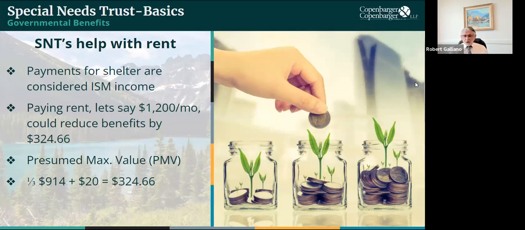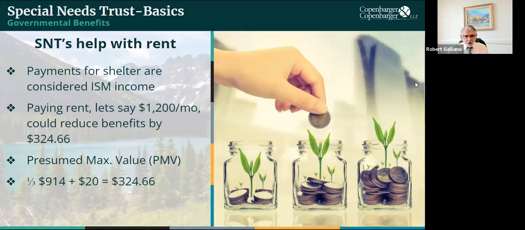So here we have a problem in the sense that we have a beneficiary who only makes $870 a month. If the brother wants to put him in a facility or another lodging location where the rent is going to cost over $5,000, $6,000 a month, how can that happen? Don't you have a conflict then? Isn't there a conflict with what I just said? You can't pay for lodging because it's going to impact the benefits, but yet the beneficiary can only pay $100. So how do you do it?